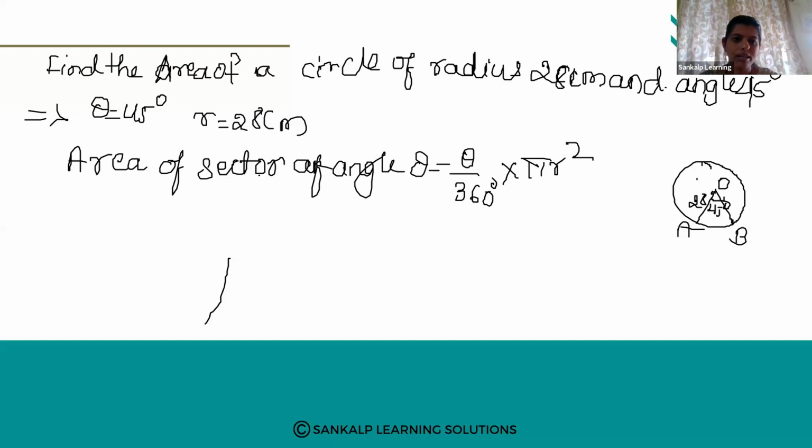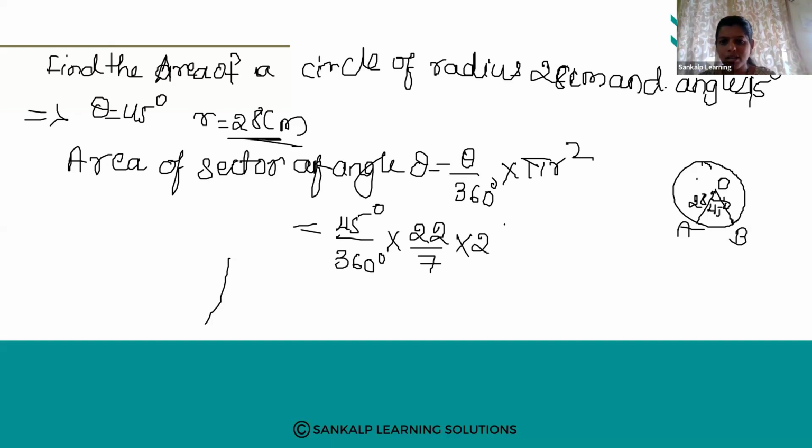So here we are calculating area. Theta is 45 degree divided by 360 degree into pi value 22 divided by 7 and r is 28 centimeter. So r square is there. So 28 into 28, right? So 7 ones are 7, 7 fours are 28, right?